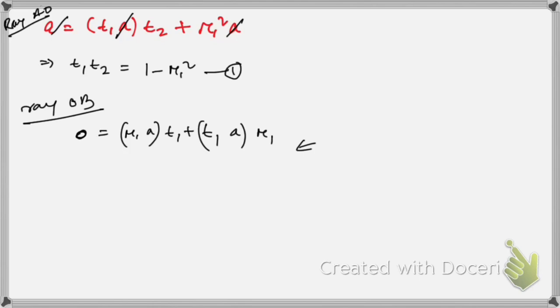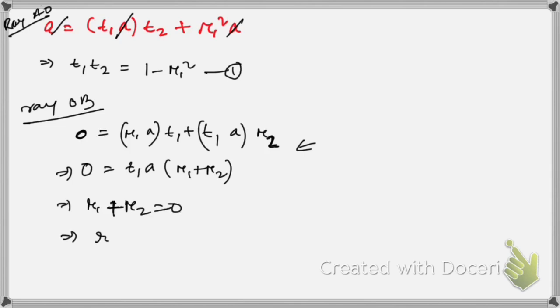Now you see this is supposed to be R2 actually, right? So if you take T1 A common, then within the bracket you will get R1 plus R2. That's going to be equal to 0, which implies R1 is equal to minus R2, right? So here you see this relation.